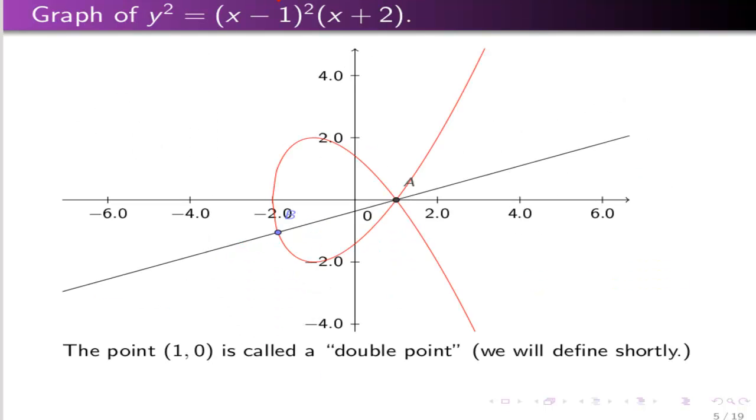And there's a more accurate sketch where I have this double point right here. Okay, so we're going to draw a line through here and finding these 2 points of intersection. I'll define what I mean by a double point in a little minute here.